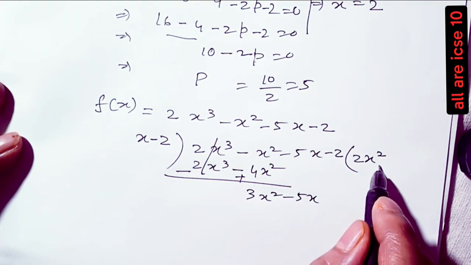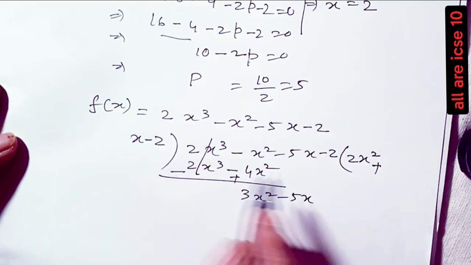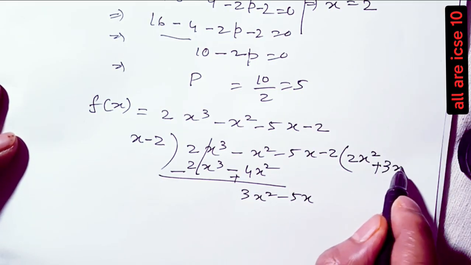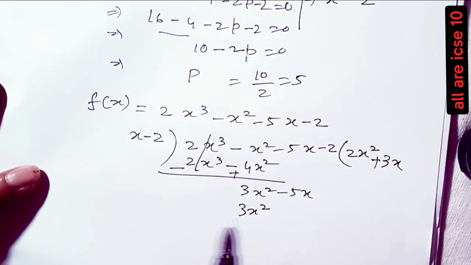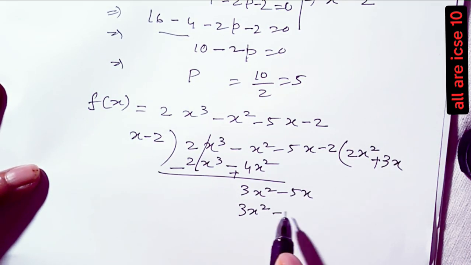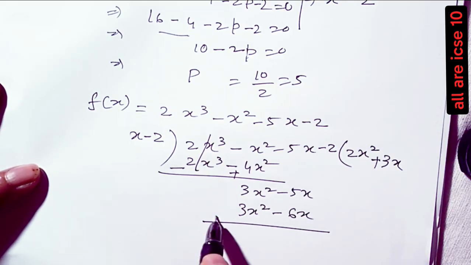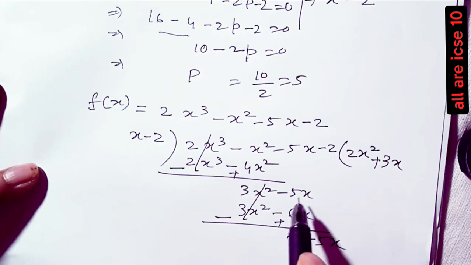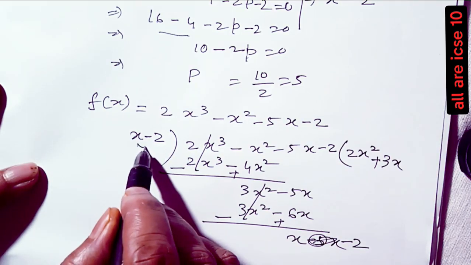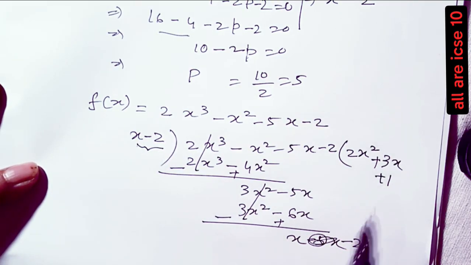Now here we multiply 3x, so 3x square minus 6x, minus plus, this cancels. Now we get x here, minus 2, x minus 2.